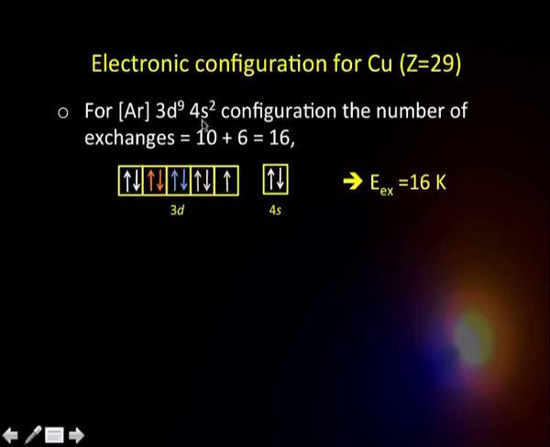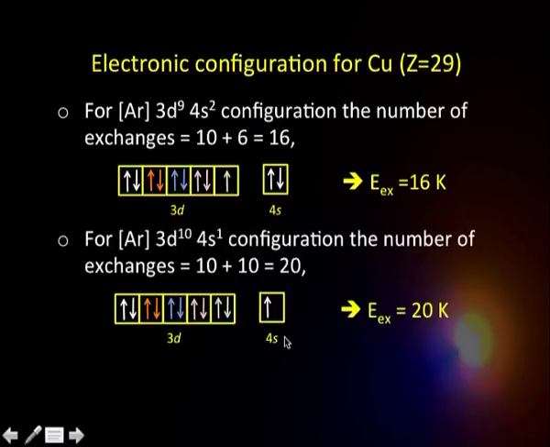There are 10 exchanges possible for them, as we just saw in the case of chromium. When we talk about exchanges with respect to the spins pointing downwards, there are 6 exchanges possible, as we saw in the case of chromium's 3d4 configuration. So there will be a total of 10 plus 6, that is 16 exchanges. So the exchange energy will be 16K.